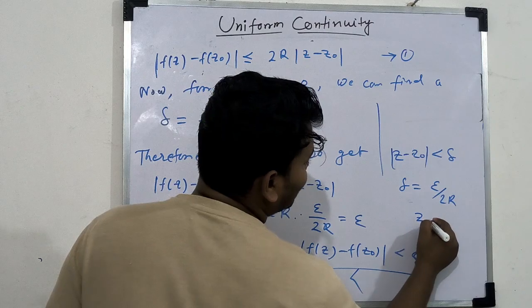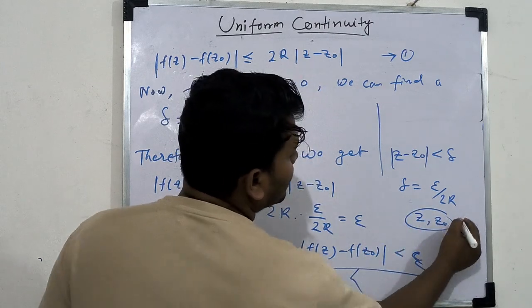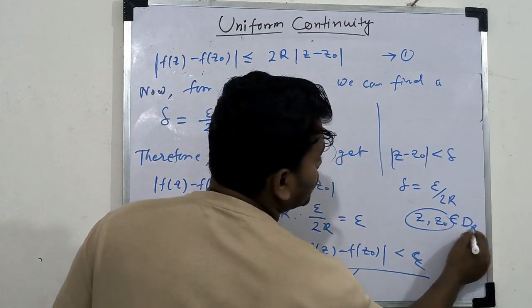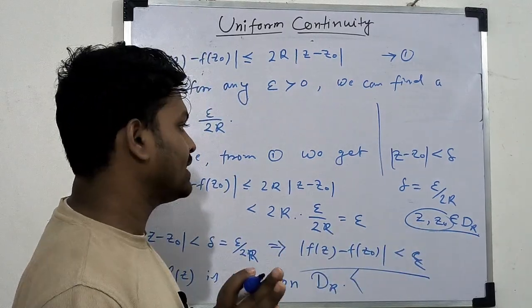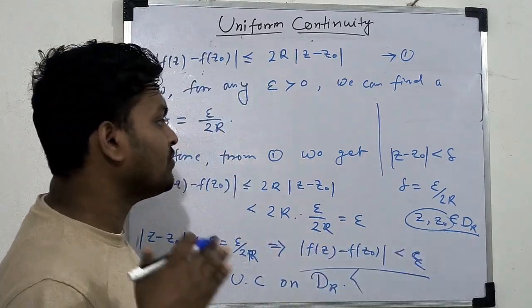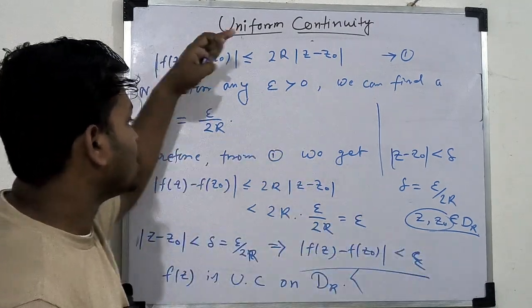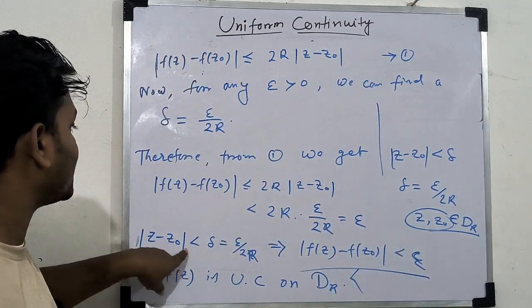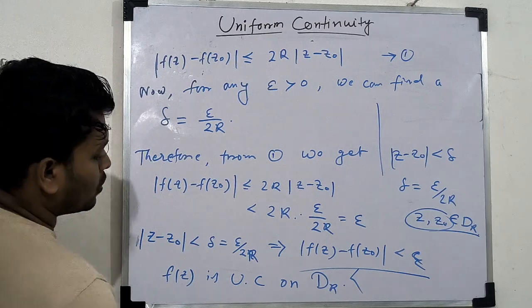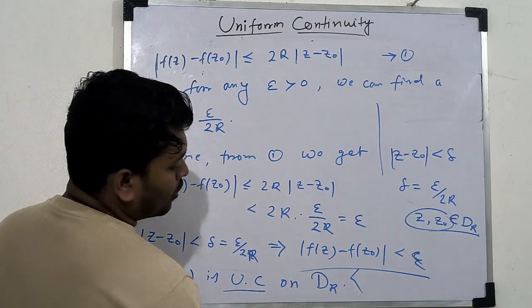First we choose z and z0, any 2 points from D_r. These z0 and z were arbitrary elements of D_r, so for any point we choose from D_r, this inequality holds for modulus z minus z0 less than delta. So we can conclude that f of z is uniformly continuous on D_r.